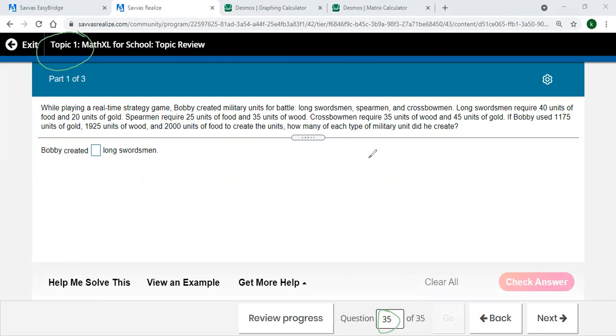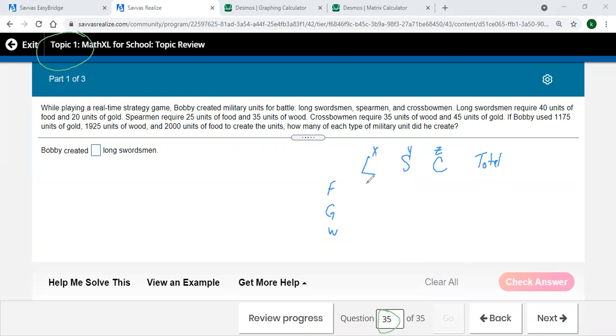We have the long swordsmen, the spearmen, and the crossbows. And then we have our total of the other items, which is the food, the gold, and the wood. When we're done, we want to know how many of each of these there are, so I'm going to call these my X, Y, and Z.